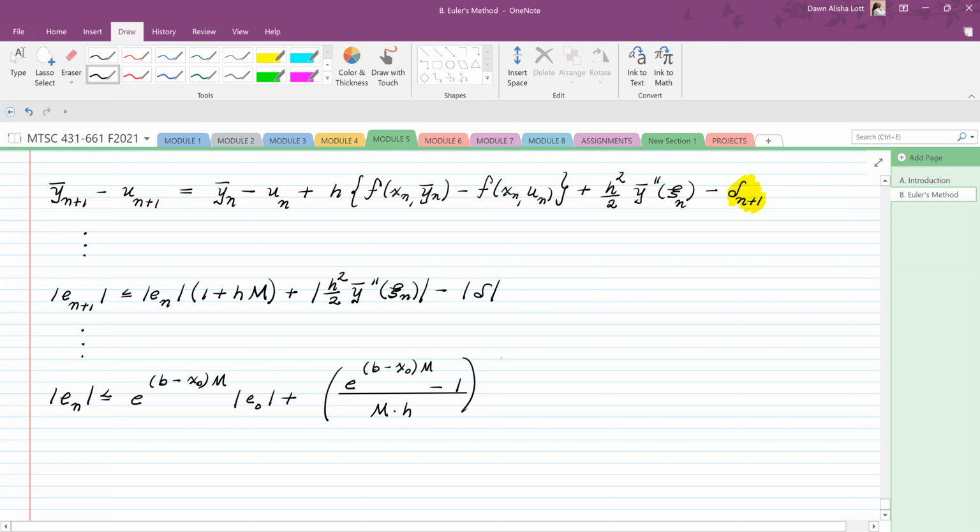That's going to be multiplied now by h squared over 2, the infinity norm of y double prime bar. But now I have times minus the absolute value of delta.